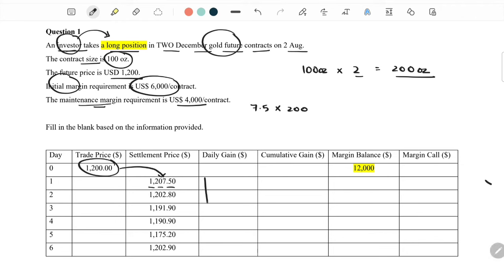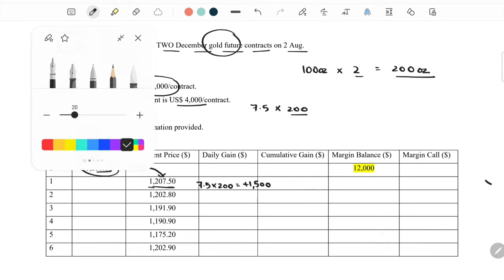Why? Because this person entered into 2 futures contracts, and these 2 futures contracts are equivalent to 200 ounces. So take notes on this: any gain or loss here, you need to multiply by 200. So the increment of 7.5 times 200 gives a gain of 1,500.